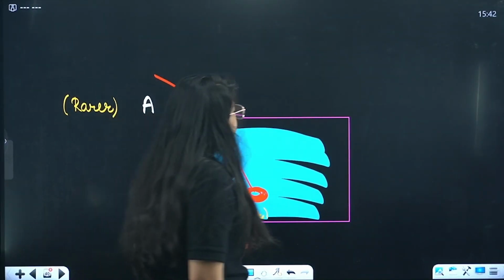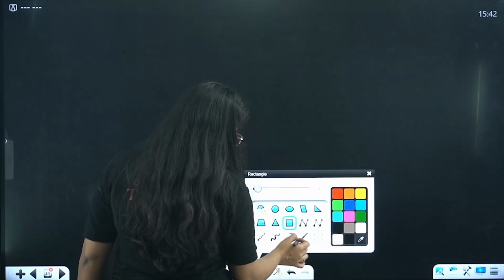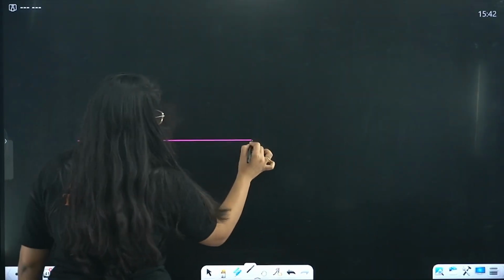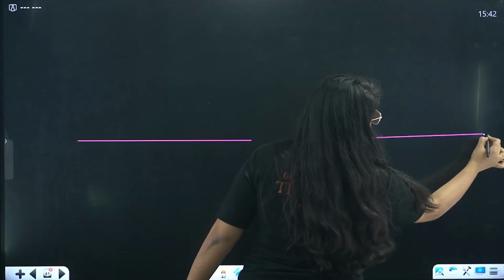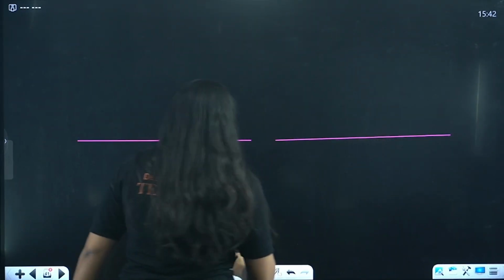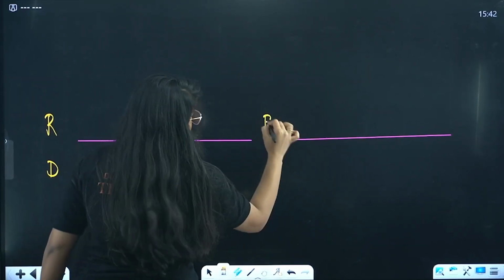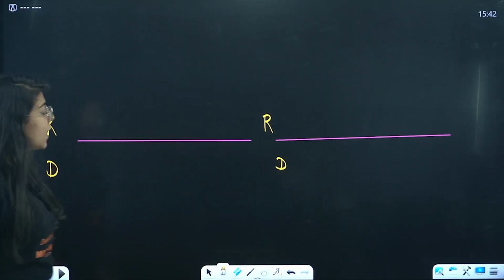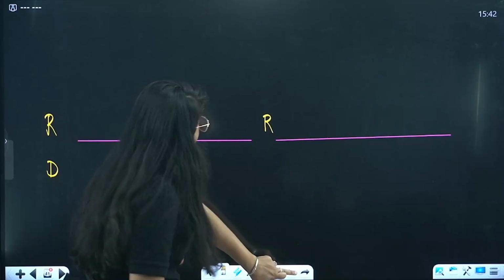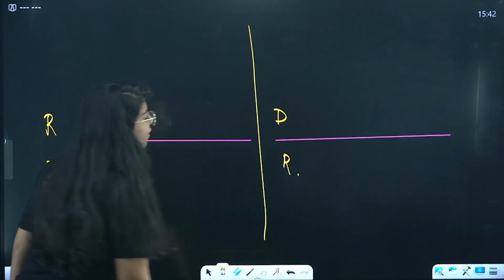Now beta, there are two things whenever light goes from one to the other, and we will give you two examples. This is rarer medium, denser medium. Now let's do it the opposite way. This is denser medium, rarer medium. We have two cases.